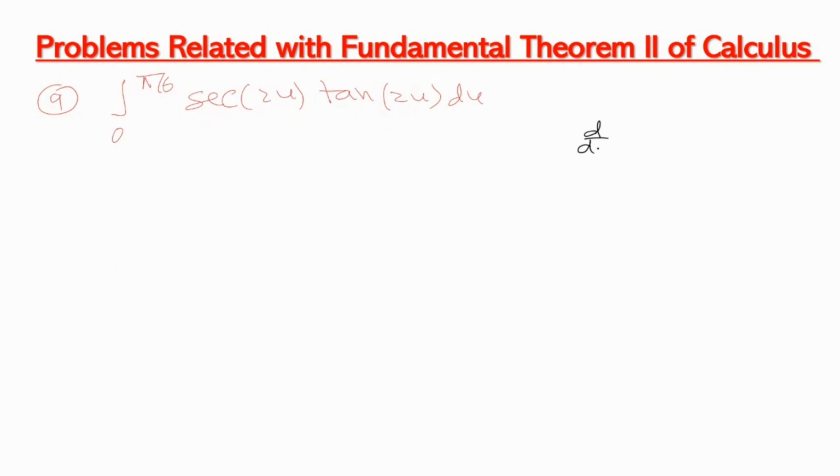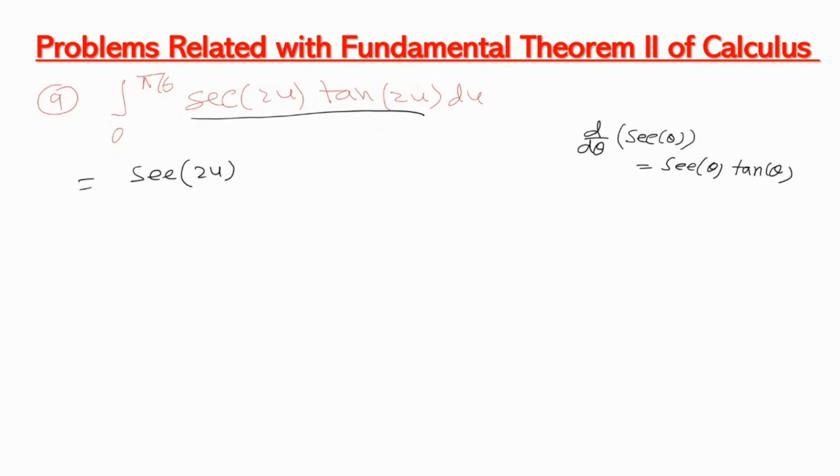So to solve this problem, let's recall that the derivative of secant theta is equal to secant theta tan theta. So therefore, for this function, the antiderivative is secant 2u over 2, and the limit is 0 to pi over 6.